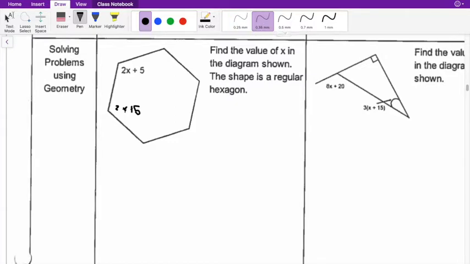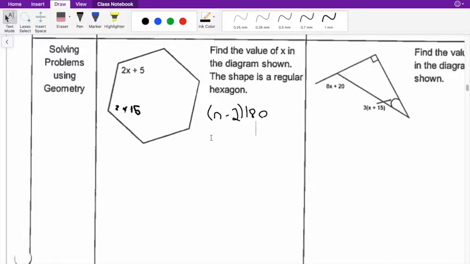So let's figure out how much angle's in here. So if we remember, our interior angle sum is going to be n minus 2 times 180. Okay, so if we count here, we have 1, 2, 3, 4, 5, 6 sides.